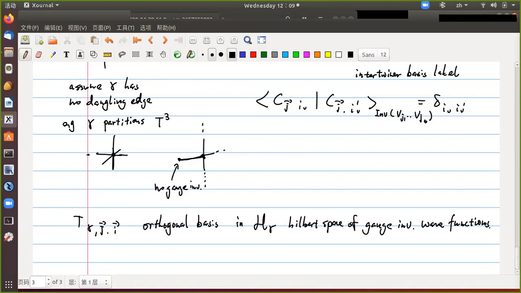So we have constructed the basis of the Hilbert space, and this is also called the spin network basis.